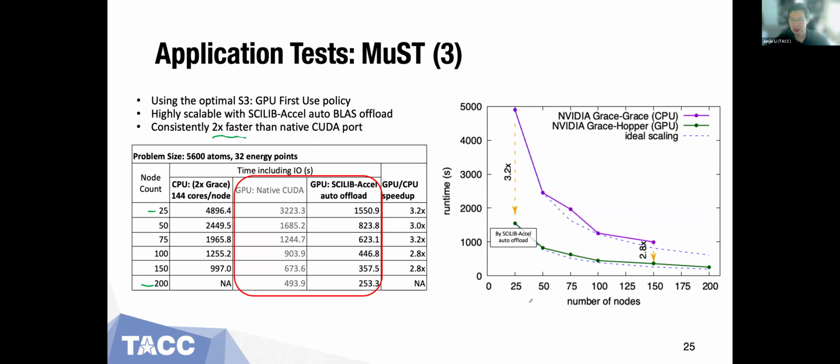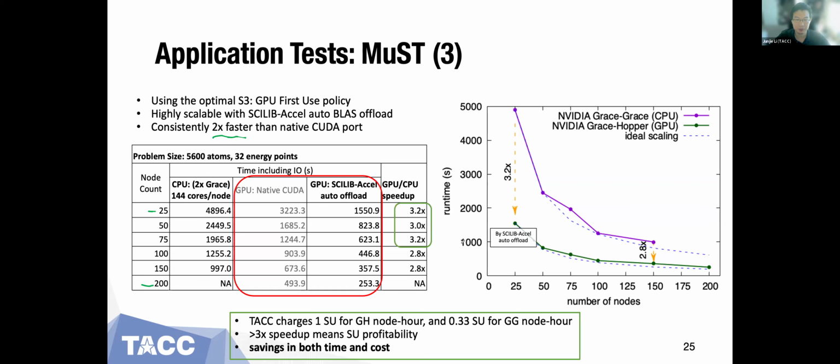Scalability is awesome, almost close to the ideal scaling. You can see that on the right. What I wanted to highlight more is the speedup of automatic offload compared to the CPU run. For a few setups, we achieved more than 3x speedup for the GPU compared to CPU.